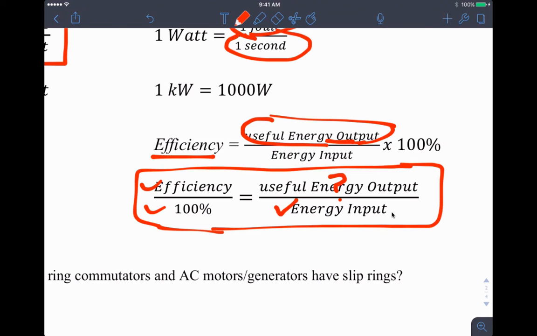And let's say you knew your input. If you knew 3 variables and you're trying to find the 4th one, you can just cross multiply and divide. I know you've done that already in some of your math. Setting it up this way might be a little simpler if you wish, but the first formula will also work. The one I put a box around is just a helpful adaptation.